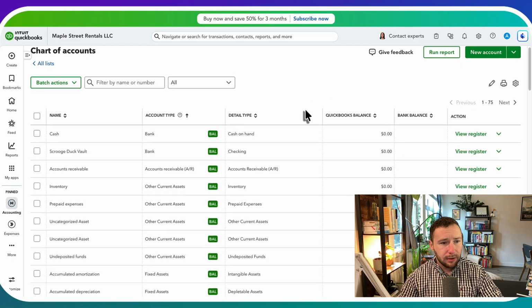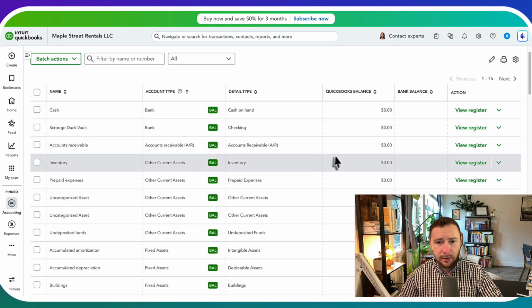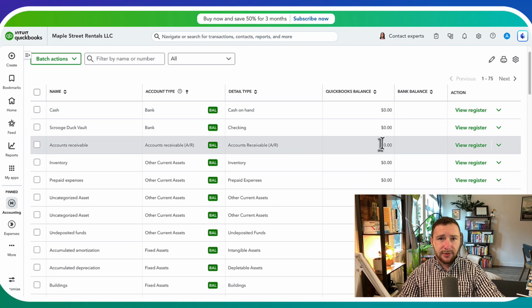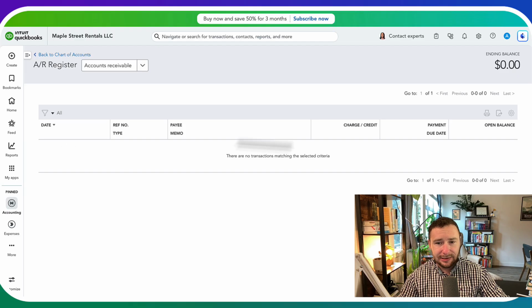One other thing to note with chart of accounts, each individual account, you can see all the transactions related to it by clicking View Register, and under there, you're going to see a list of all the transactions that come through that account.